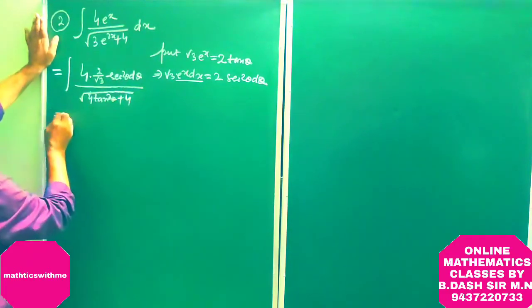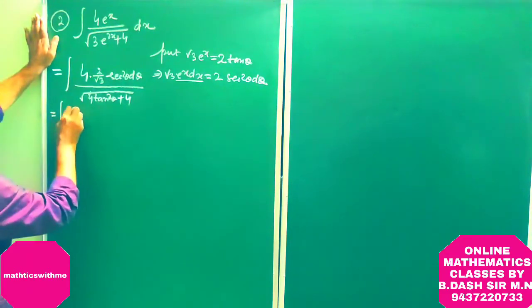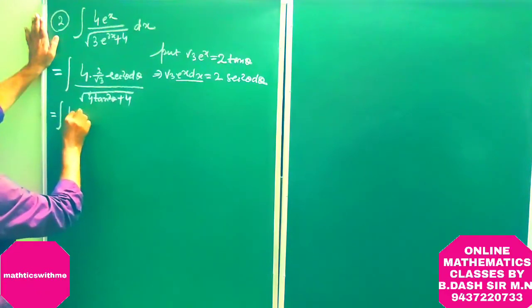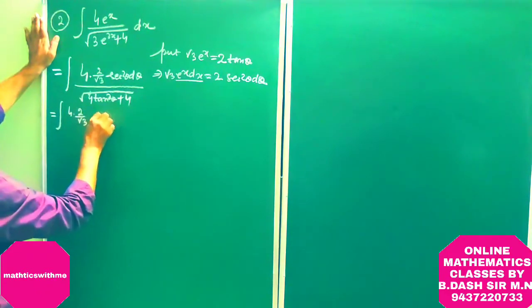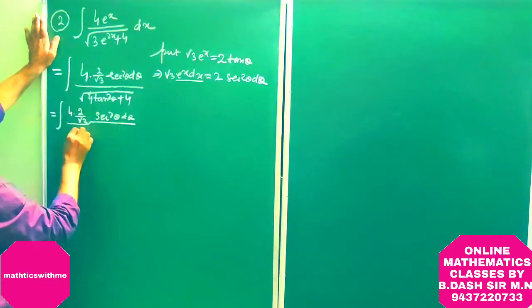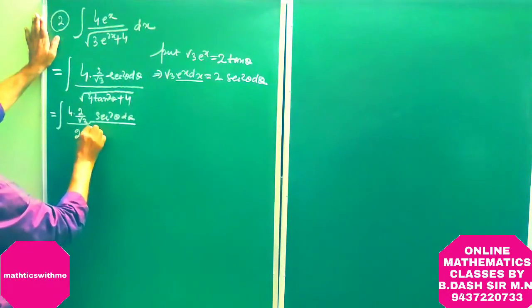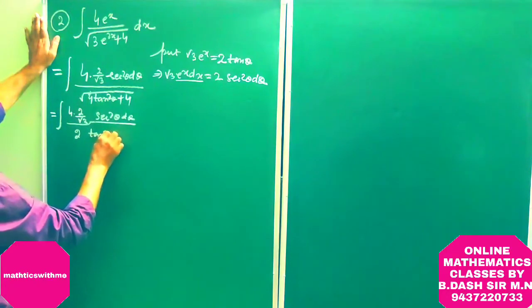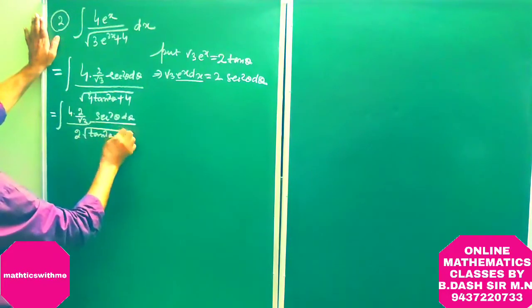This is equal to 4 times 2 by root 3 sec square theta d theta divided by 2 times root over tan square theta plus 1.